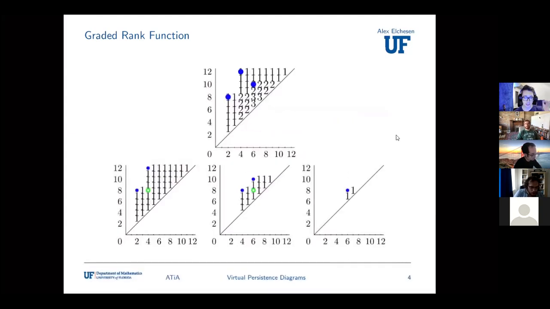Okay, so here's a really illustrative picture. On the top, we have the ordinary rank function corresponding to a certain persistence module with this persistence diagram in blue. And then on the bottom, you have the 3 graded rank functions: graded rank 1, graded rank 2, and graded rank 3.